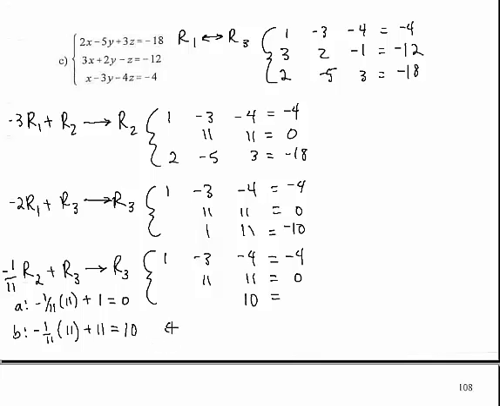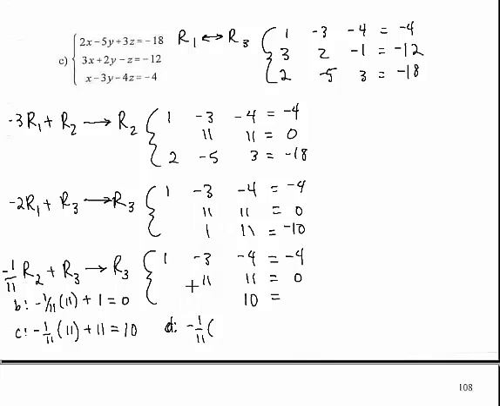And then C, I have a negative 1 over 11. Oh, okay, hold on, I mixed my letters up. This is actually B, and this is C, and this is D. There were no A coefficients in row 2 and row 3.